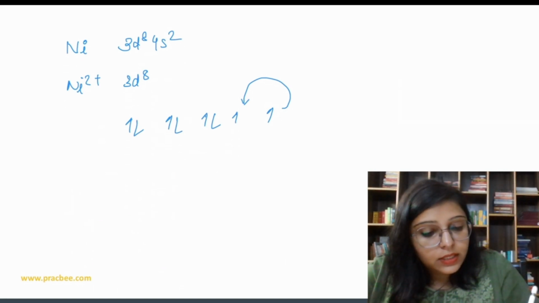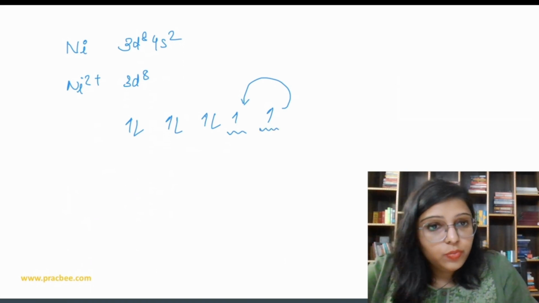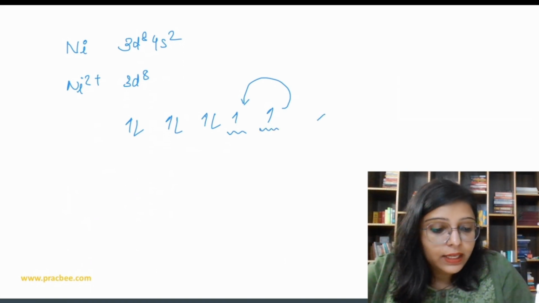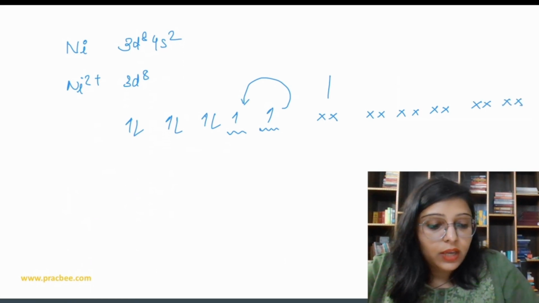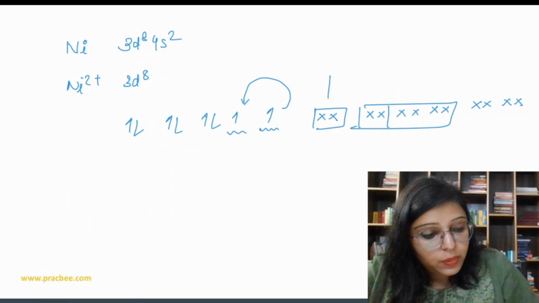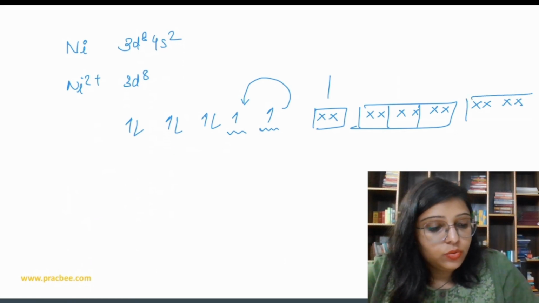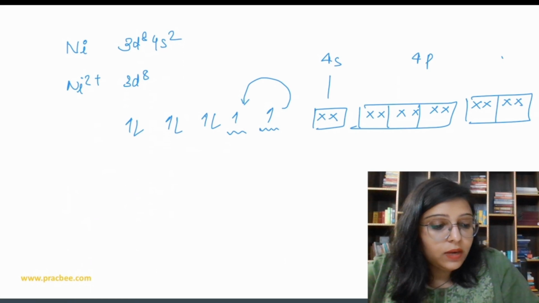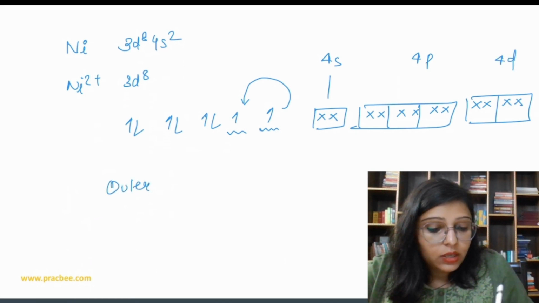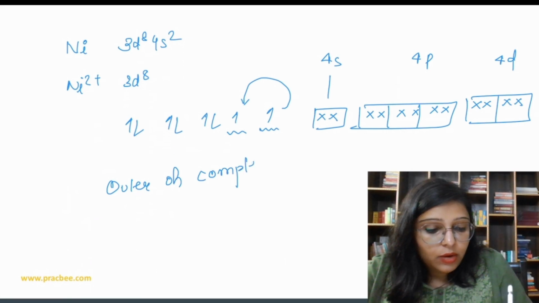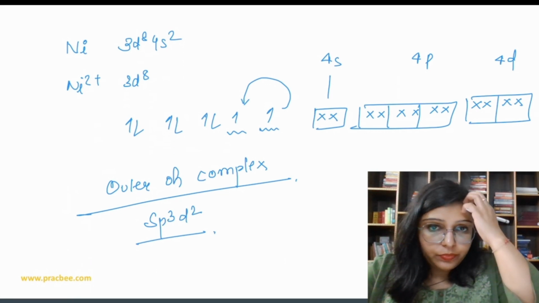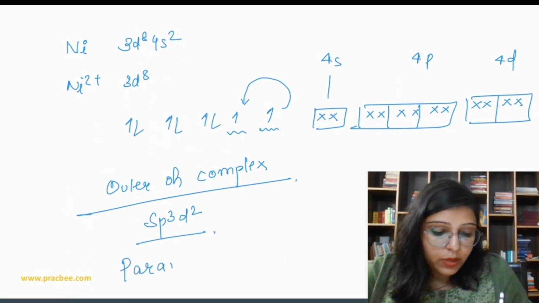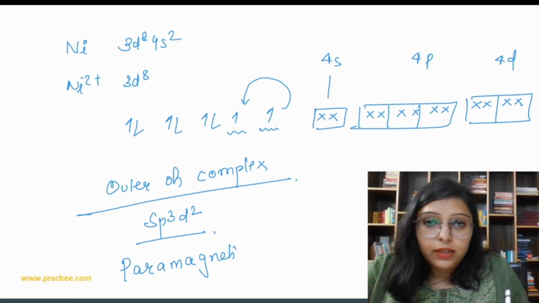So these electrons stay unpaired and the ligands donate electrons to s, p3 and d2. So here we get 4s, 4p and 4d. So we get an outer octahedral complex, which is going to have sp3d2 hybridization. Due to the presence of two unpaired electrons, this is paramagnetic.